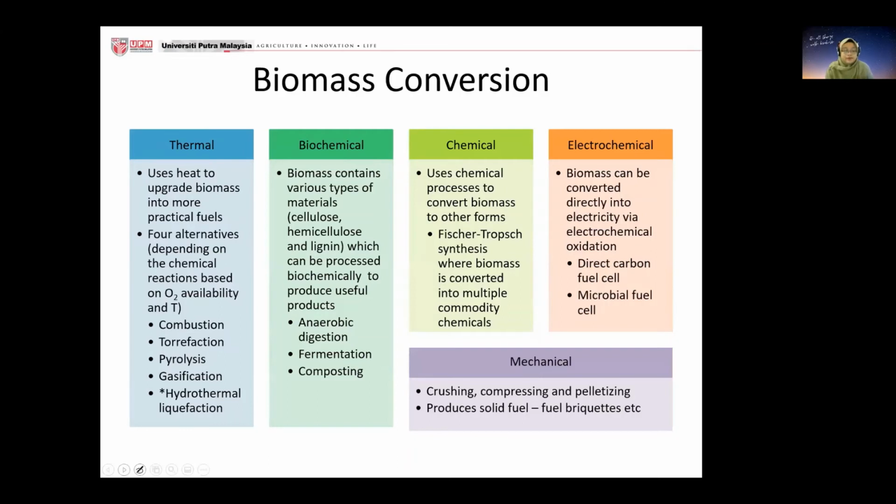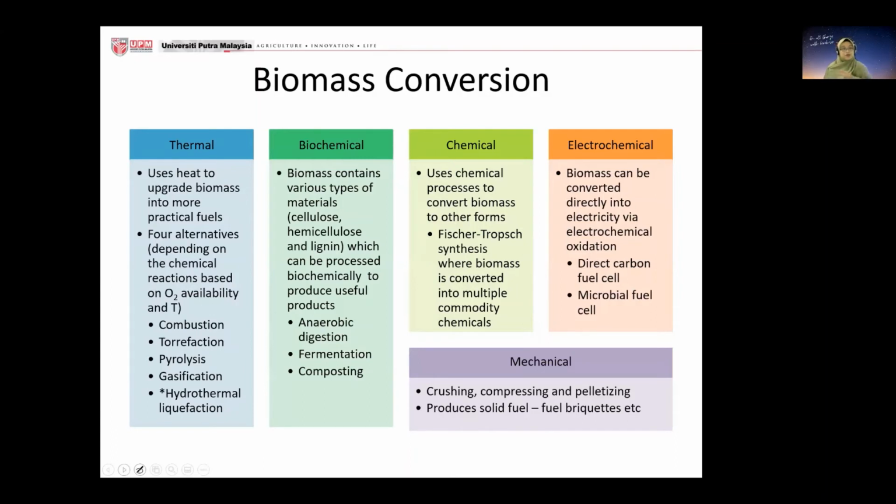So if you look at the variability of the biomass source, it's also interesting to note that there are many ways to convert this biomass into energy, in whatever form is required.